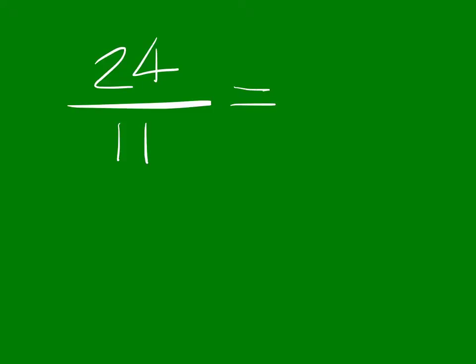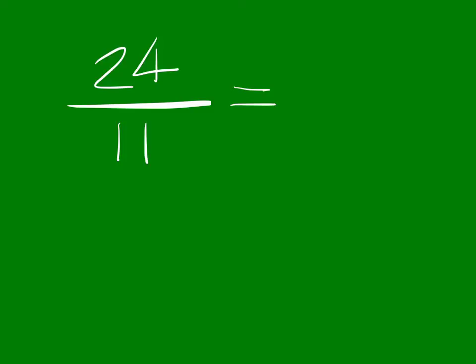We're going to go back to mixed numbers and improper fractions. So if I had 24 over 11, and I had to change that to a mixed number, what is my first move? Do I need to see what numbers go evenly into both?